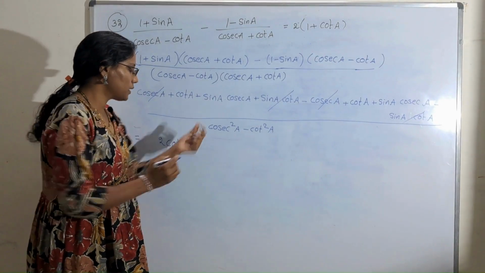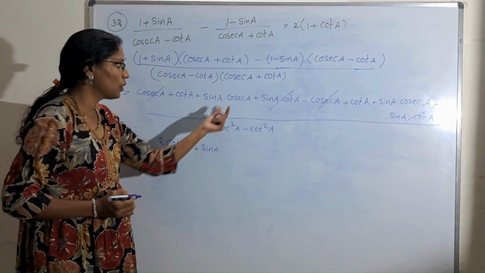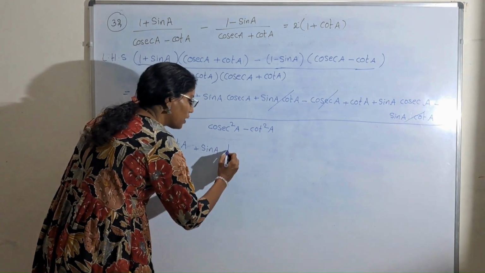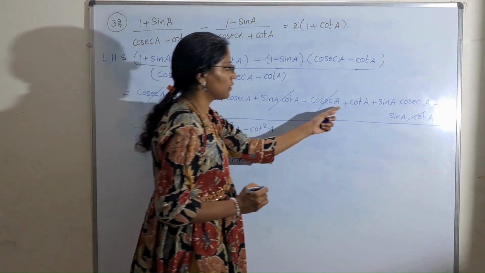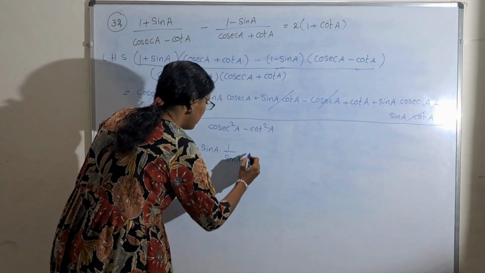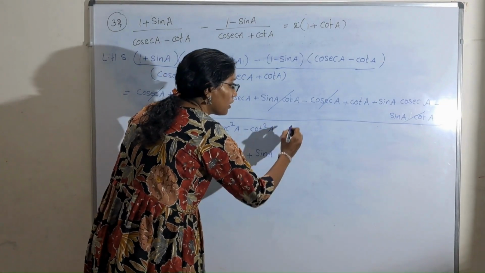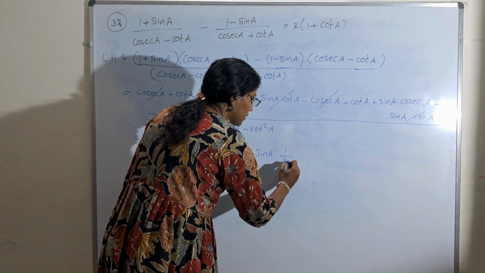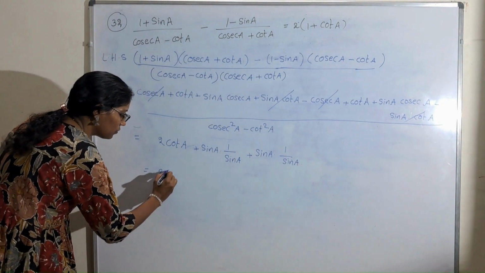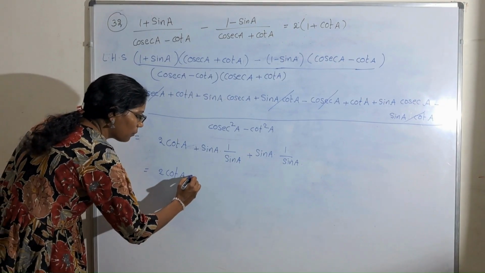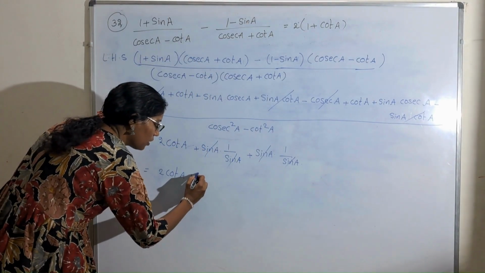Next, here sin A into cosecant A we can write 1 by sin A. Next, here plus sin A into 1 by sin A is equal to 2 cot A, plus sin A cancel, sin A cancel, remaining 2.